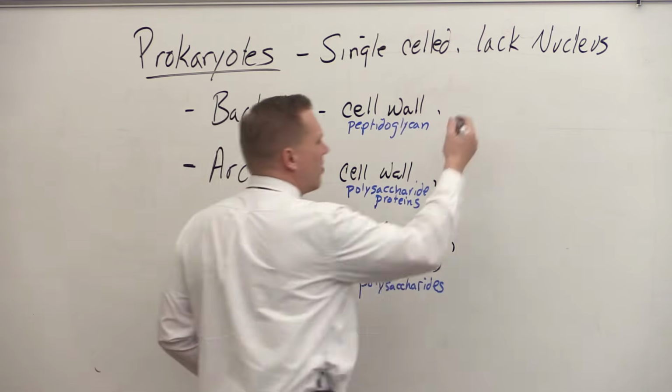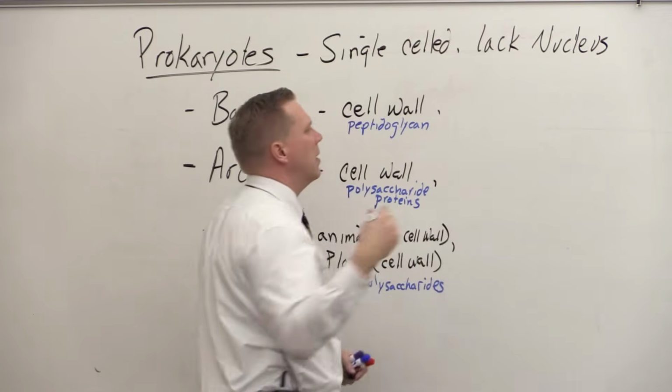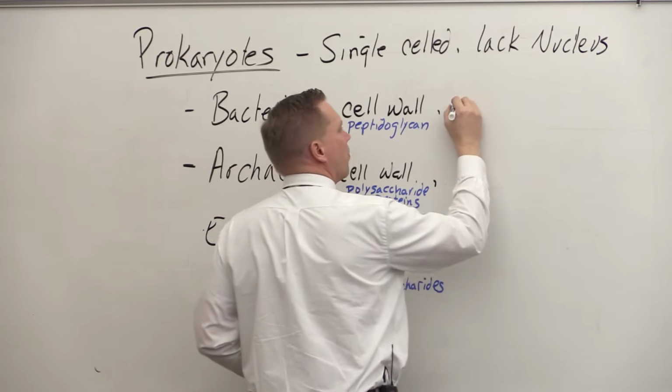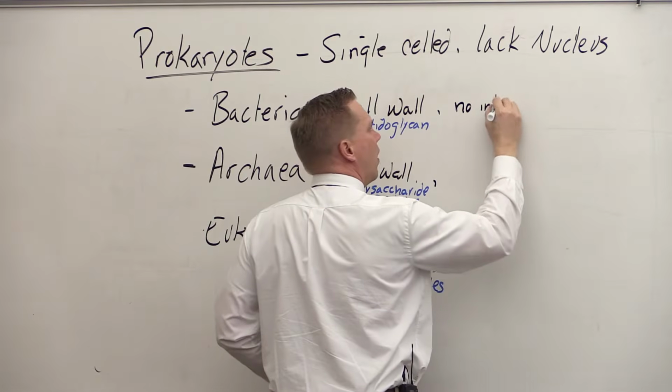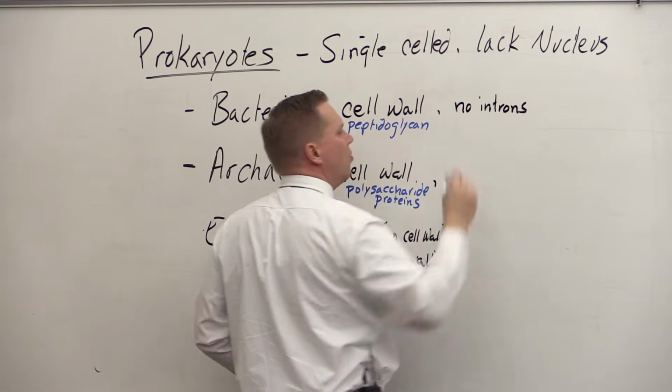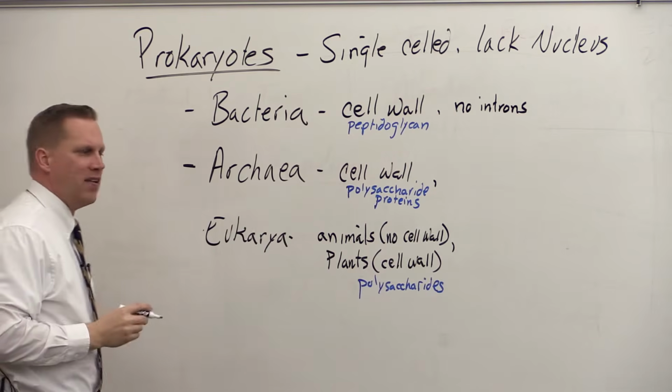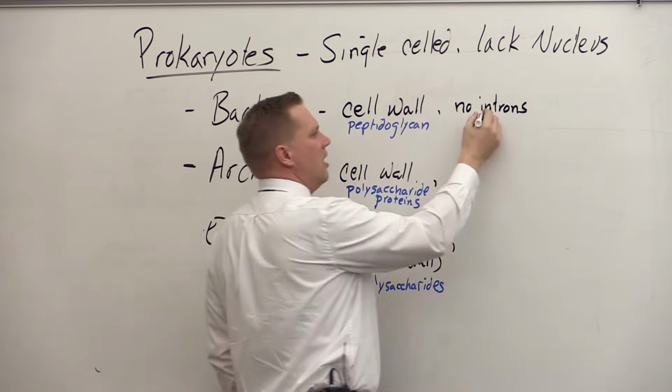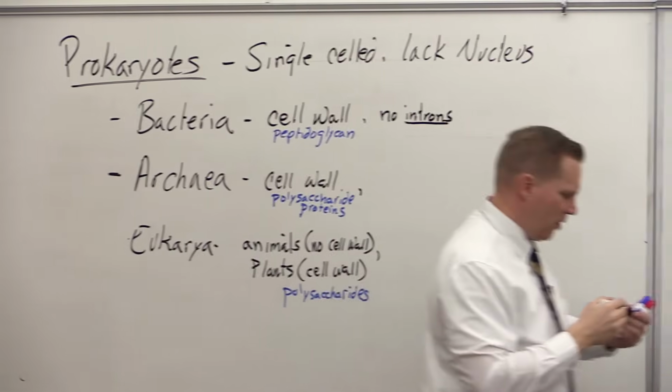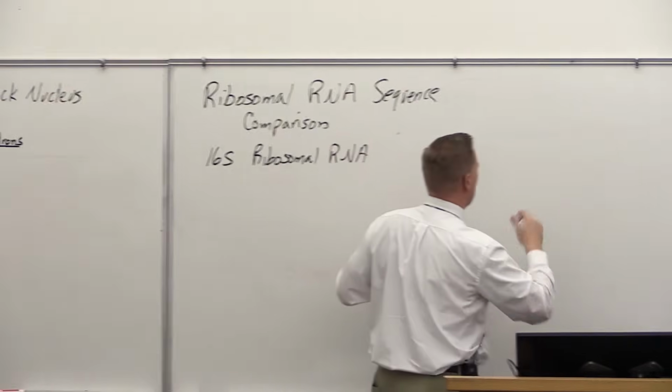And so what are some of those biochemical differences? A lot of them, there is a feature in the genome of bacteria. There's something called an intron. And I'll briefly explain over here what an intron is.